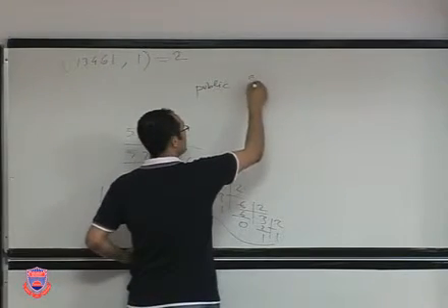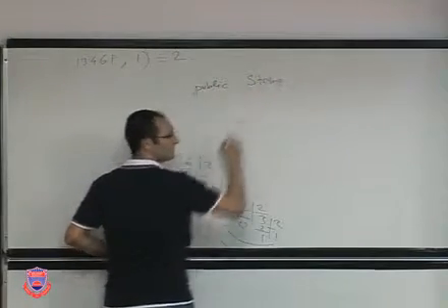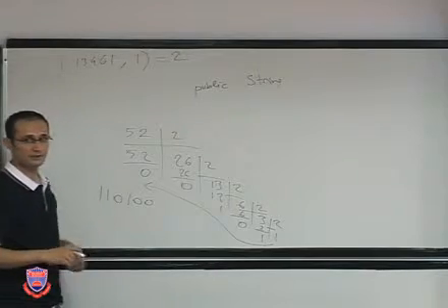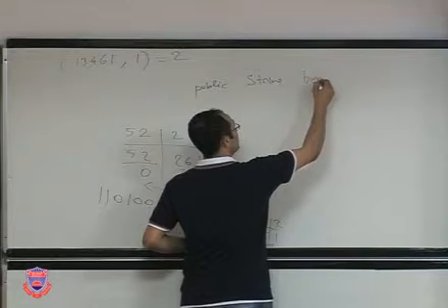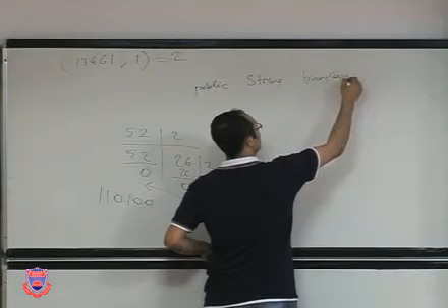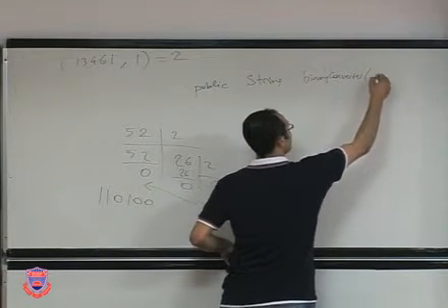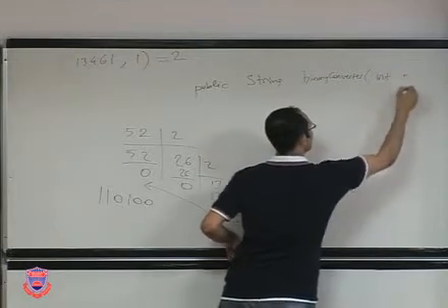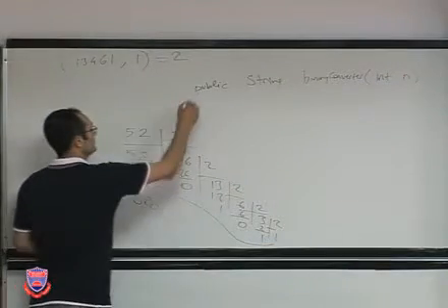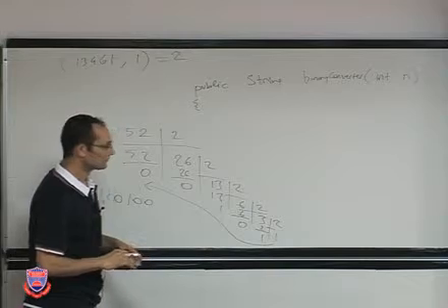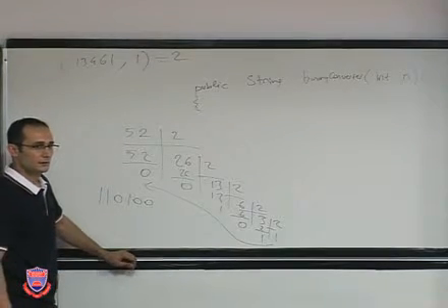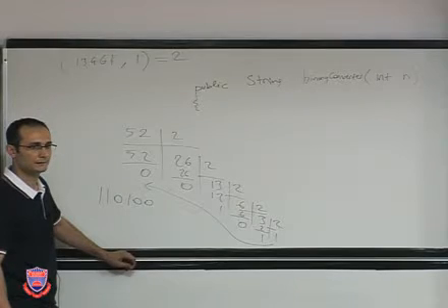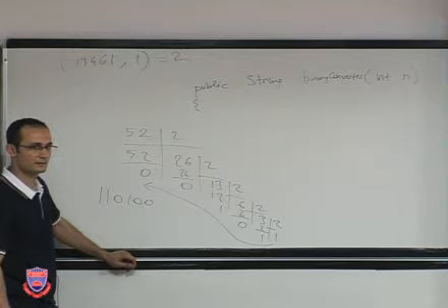Public, I will get a string which represents the binary form of the result and binary converter, and I'll give an integer n. So what's the base case?